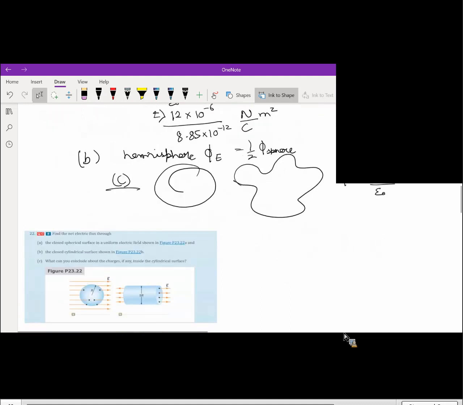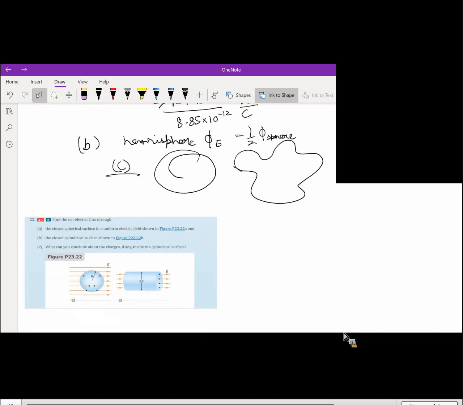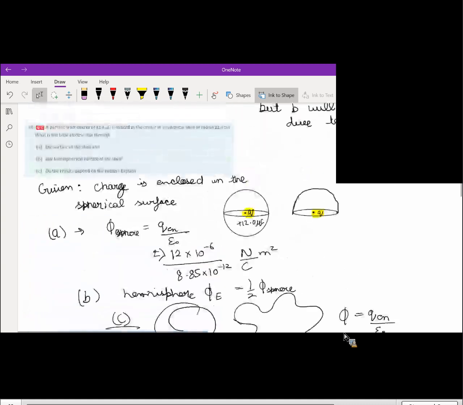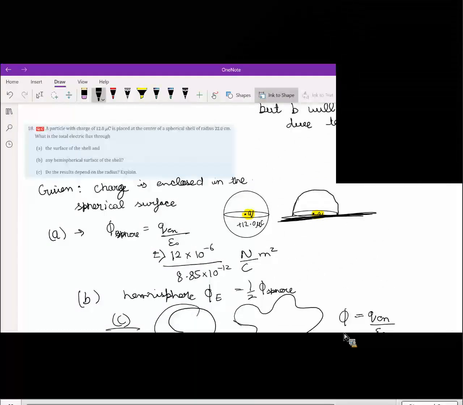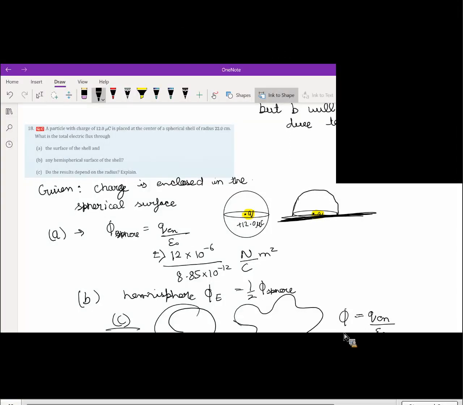Let's go to question number 4. Wait, but is the hemisphere closed? Yes. So you have the surface here on the bottom. It's a hemispherical shell.